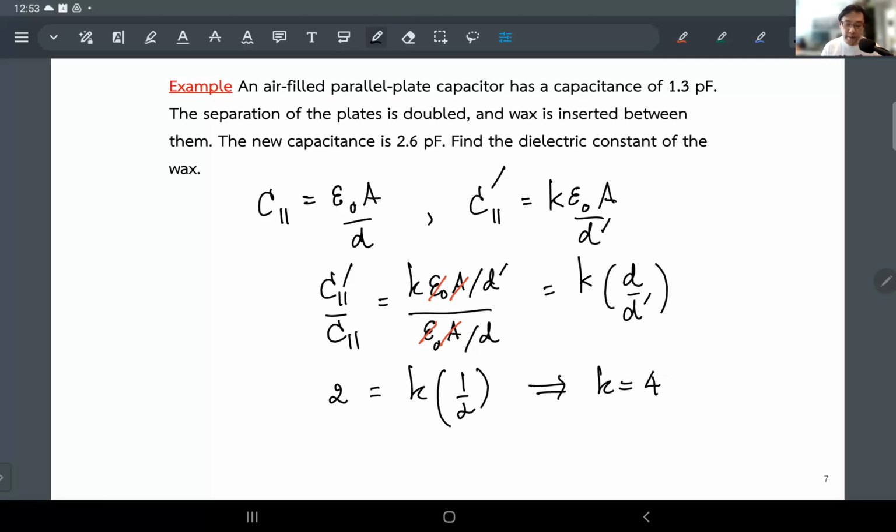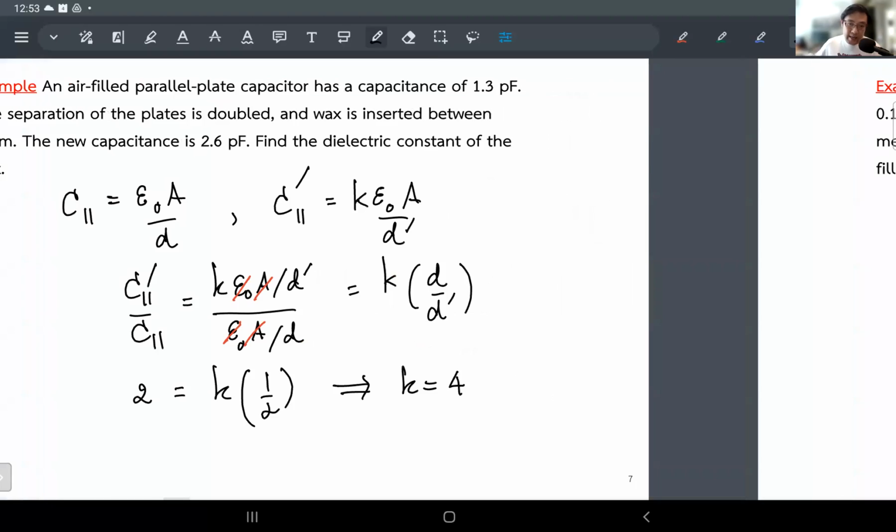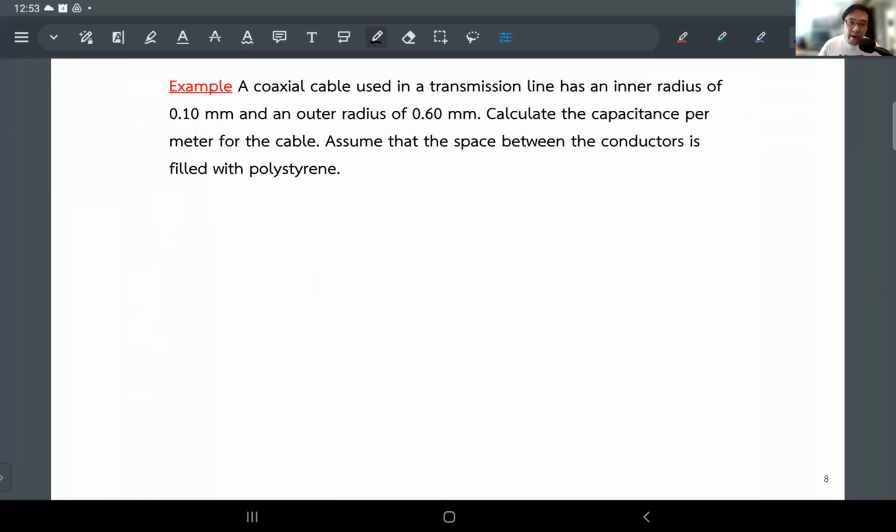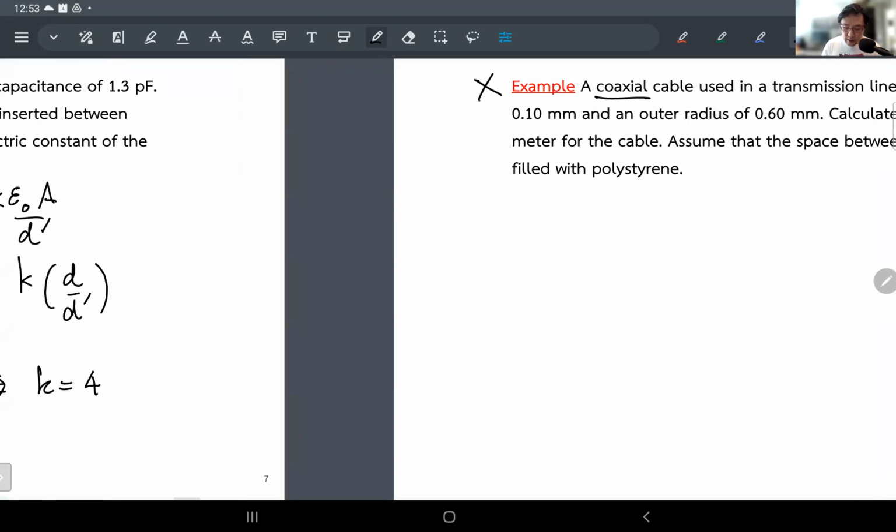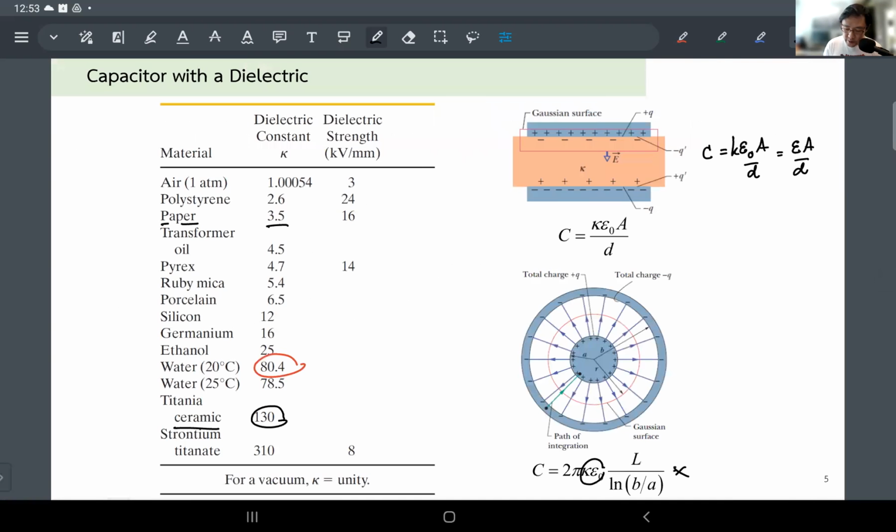Okay. All right. So I hope this is okay enough for you, at least now we know the actual stuff that is going on with it. And this one, even though it's a coax cable, don't worry about it because, as I said, we are not trying to use any cylindrical shape. However, if you really want to do it, all you need to do is take the formula and apply it.